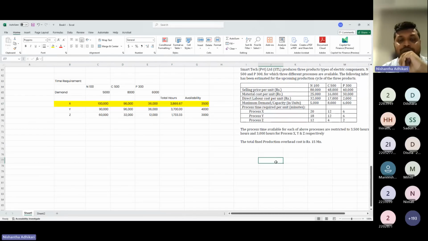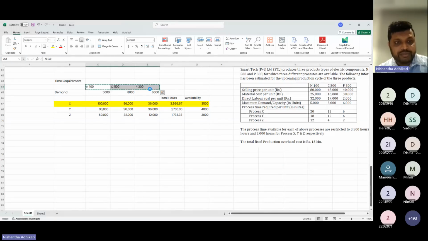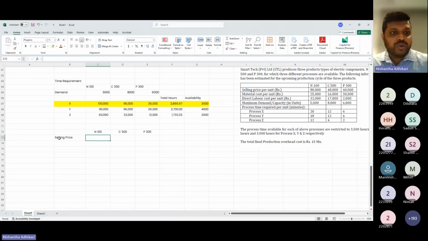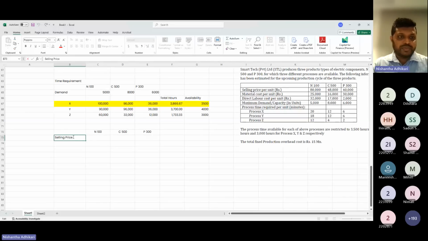Now we will work out the optimum production plan. Selling price is given, or we can call it sales.